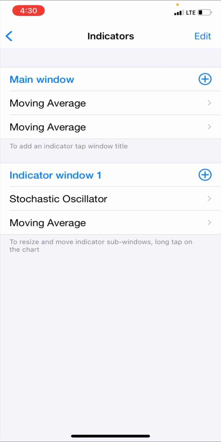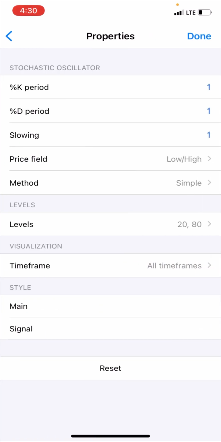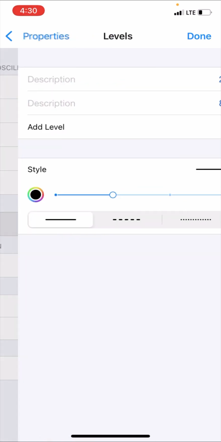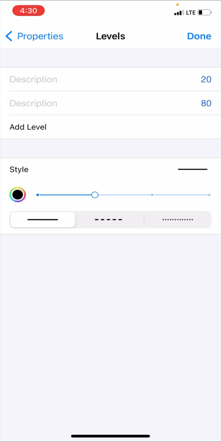And the moving average. Okay, so for the stochastic oscillator, these are the settings. Everything should be 1, 1, 1. The first 3 should be 1, 1, 1: K period, D period, slowing. Then price field, you leave it at low/high, and method should be simple. Levels should be 20 and 80.